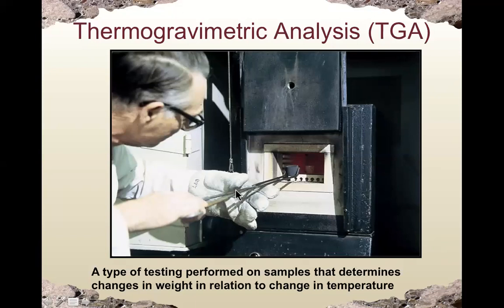Okay, so this is a method performed on a sample. We prepare a sample, dry the sample off, and then we put the sample in the oven. Inside the oven, we increase the temperature and we monitor the weight of the sample.